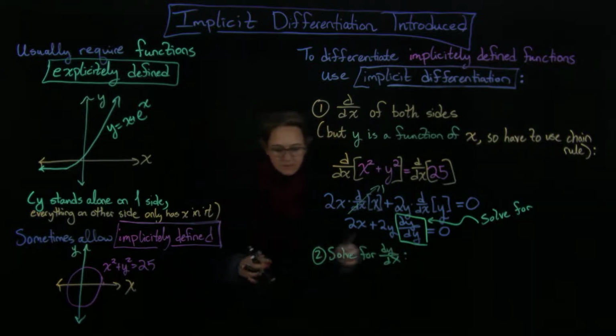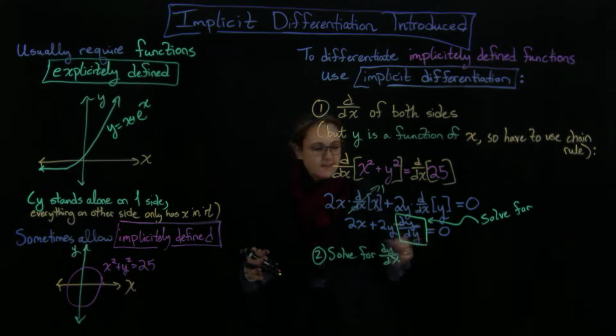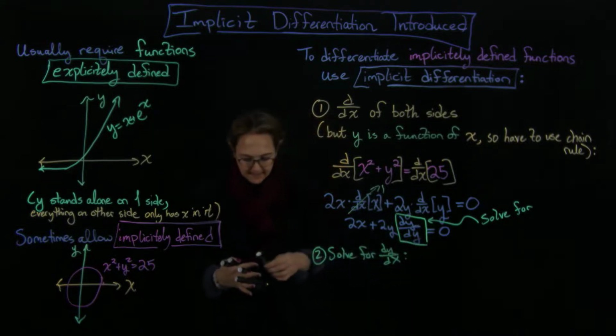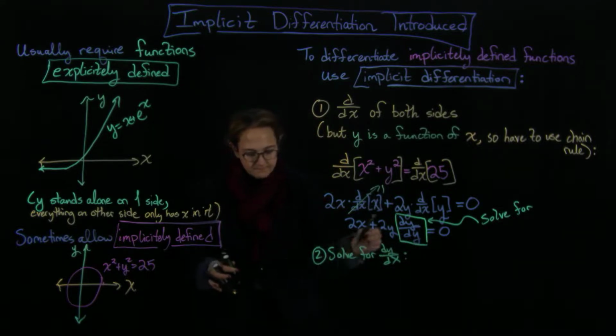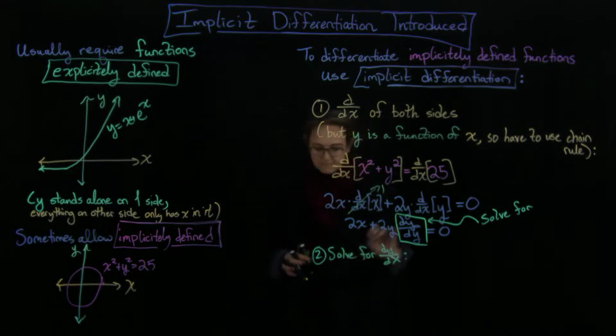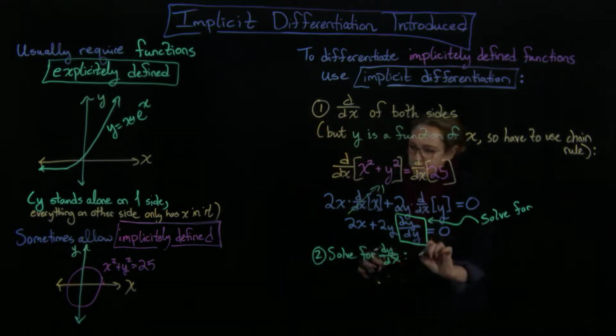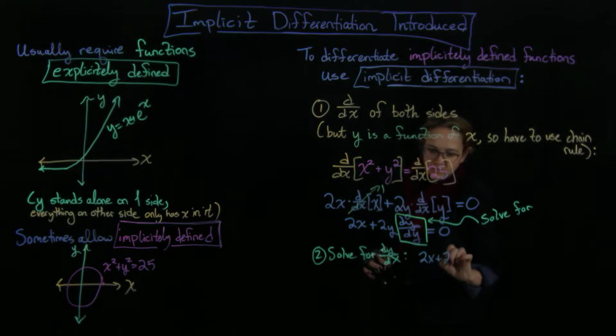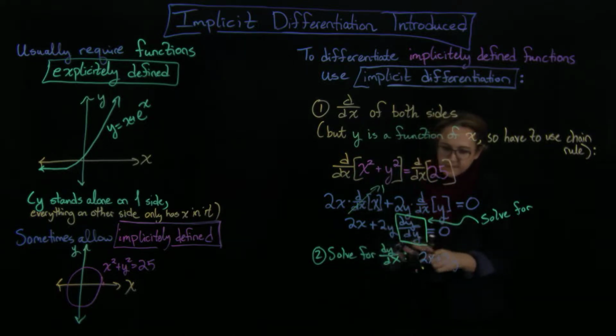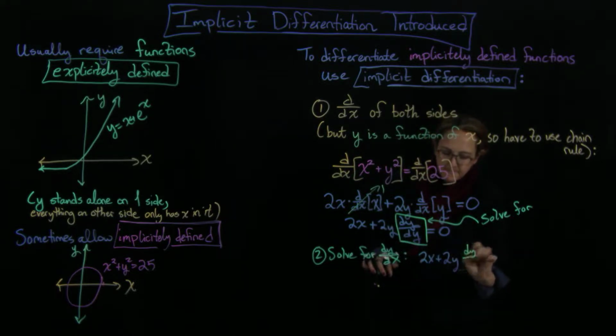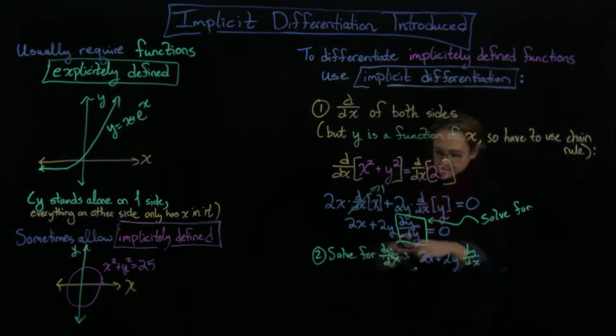Okay, so the first thing, let's just write this. So we have 2x plus 2y, and then we have this critter that we're going to need to isolate. So this has to equal 0.